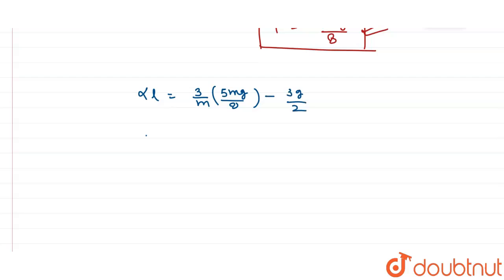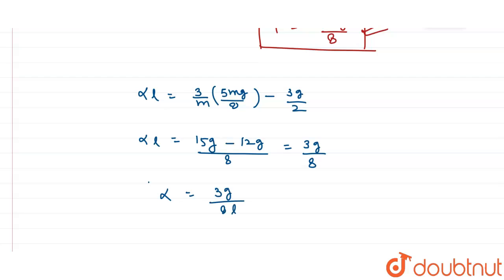Simplifying this equation, we will have alpha L equals to (15g minus 12g)/8. That means 15 minus 12, it is 3g/8. So from here the value of alpha is equals to 3g/8L. This is the angular acceleration of rod.